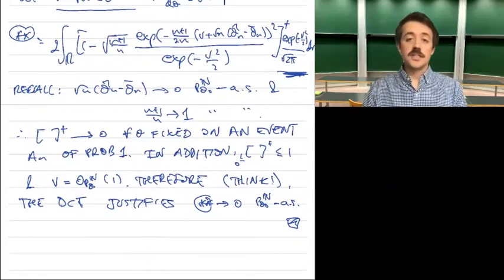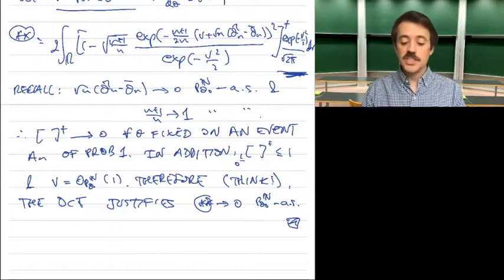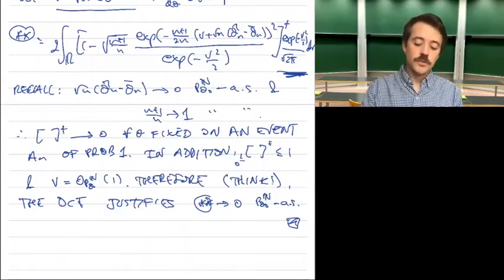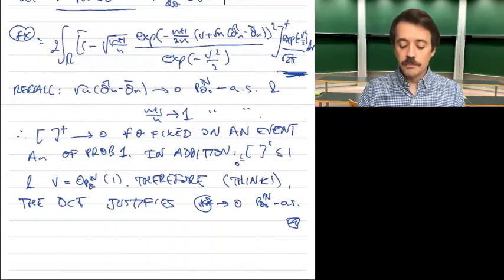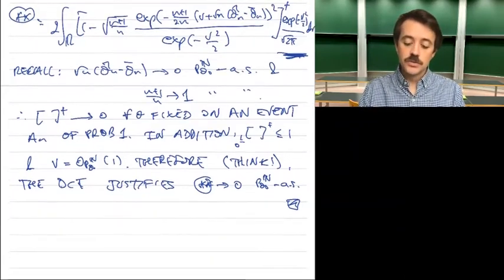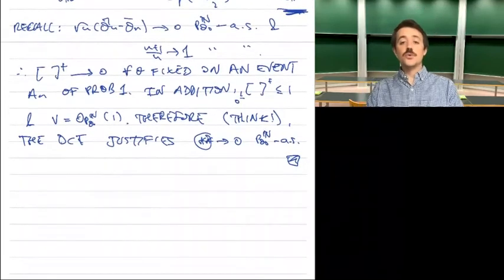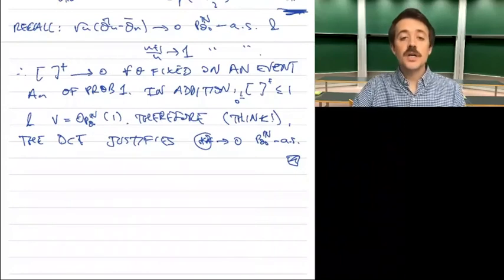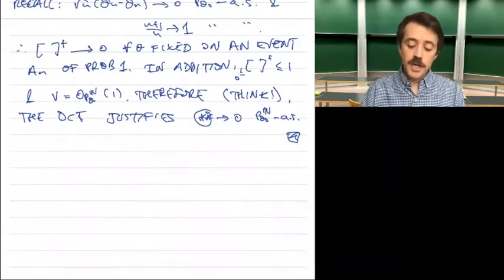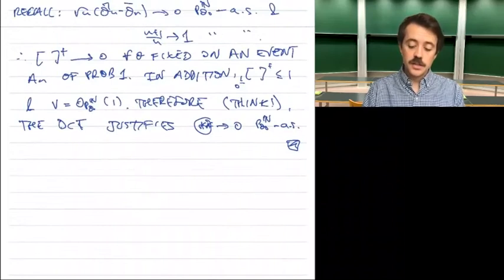And I think the exam is a bit more in line with the example sheets rather than with the proof of the Bernstein von Mises theorem. So really it is good practice for you to think about how to argue this.